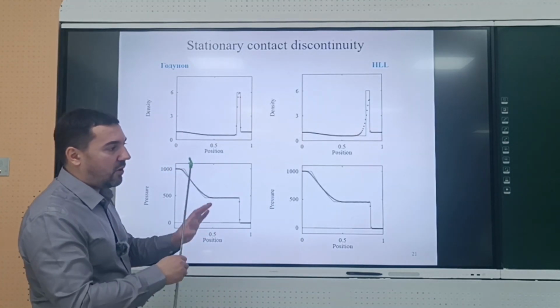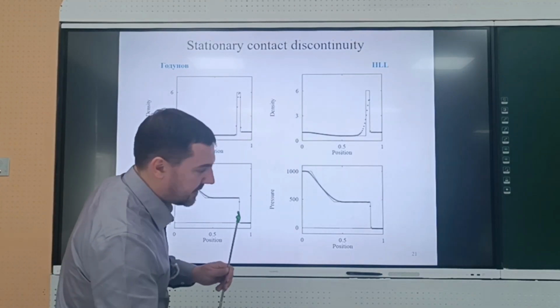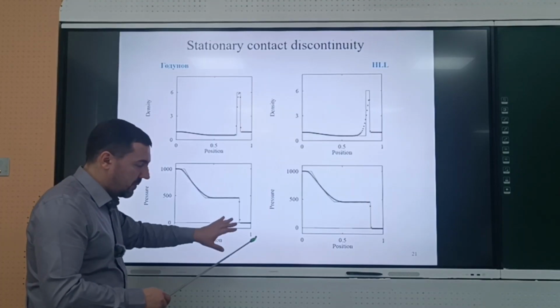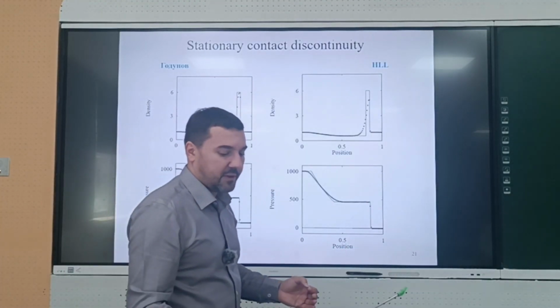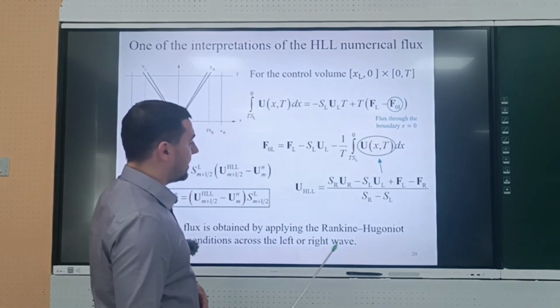So it does not mean that all the waves will be shock waves. No, it's just the interpretation. As you can see, it provides also rarefaction waves. That's okay. But if you have a shock wave, it provides excellent results. So this is one of the interpretations.